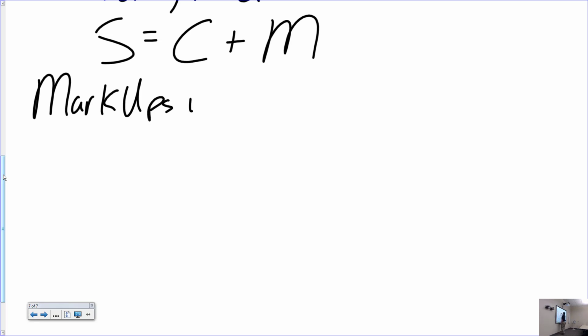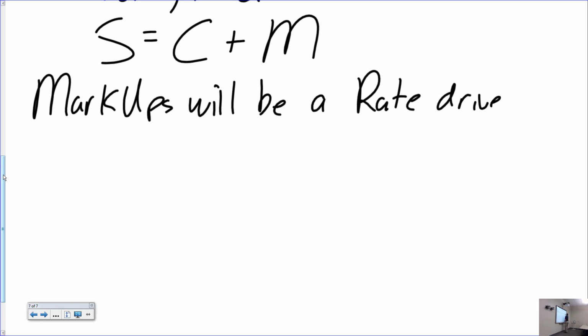But before I can do that, markups will be a rate-driven value. But, and here's the big but, and I mean that the right way, not the wrong way.